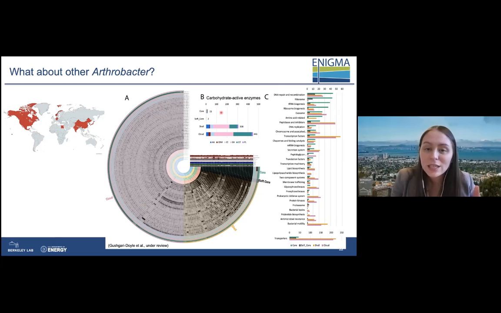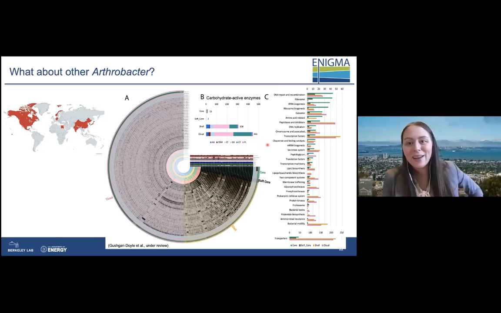I plotted specifically the carbohydrate active enzymes again here in panel B. And the core has a few because Arthropactor are known for this complex carbon transformation metabolism, but largely they are in the shell and in the cloud, and they're in great many numbers, right? We had 300 and some and almost 450 carbohydrate active enzymes in the shell and the cloud of this pangenome.